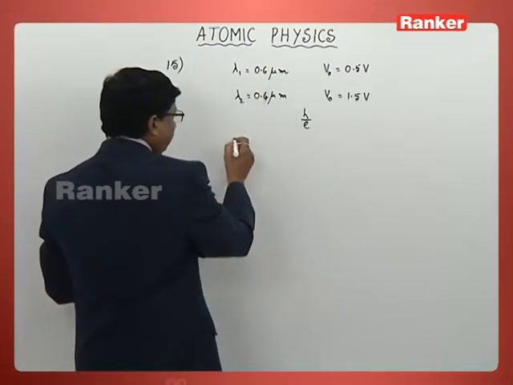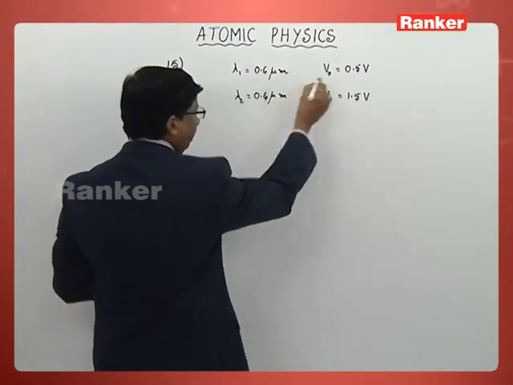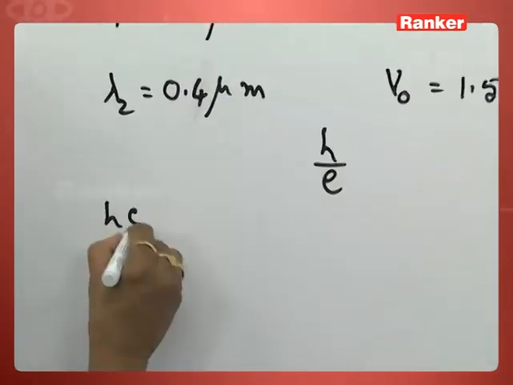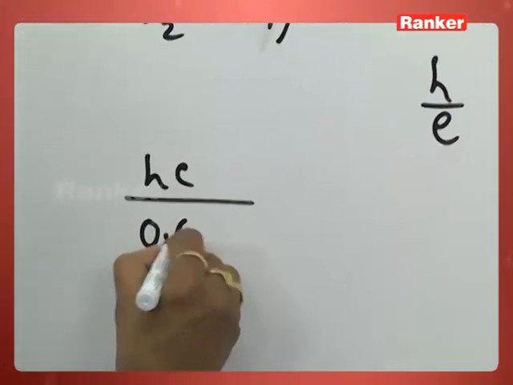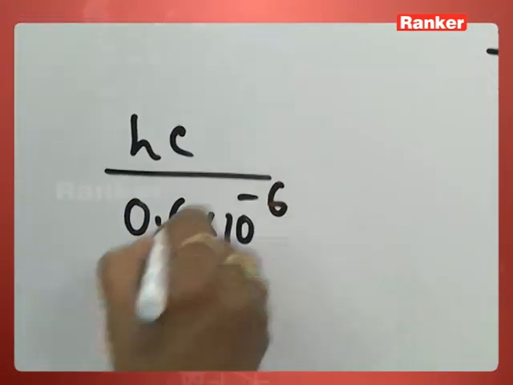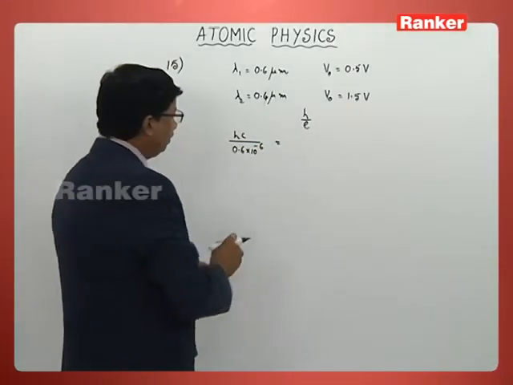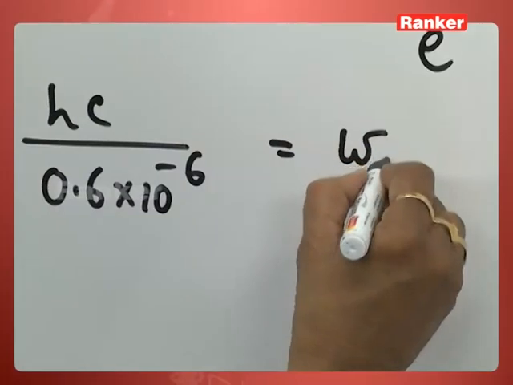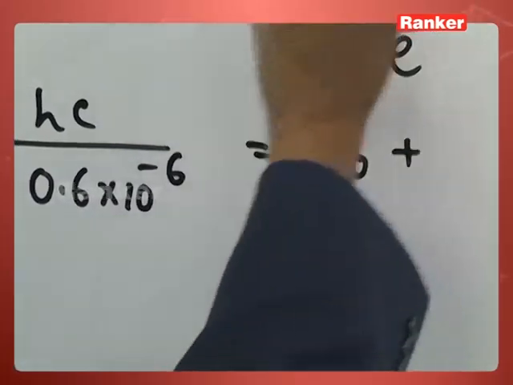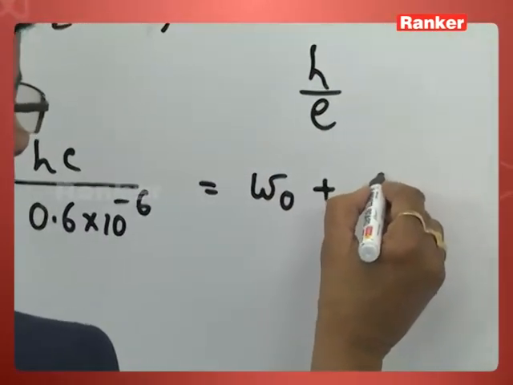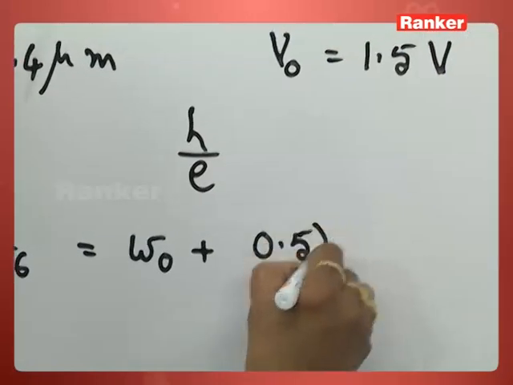From the first pair of values given, hc by 0.6 into 10 power minus 6, that is hc by lambda, is equal to W naught plus eV naught, that is 0.5 e.